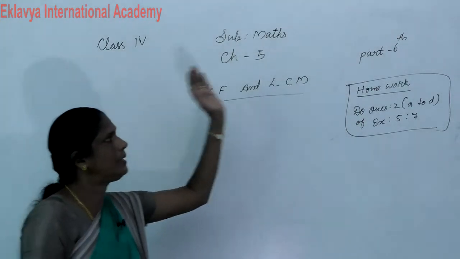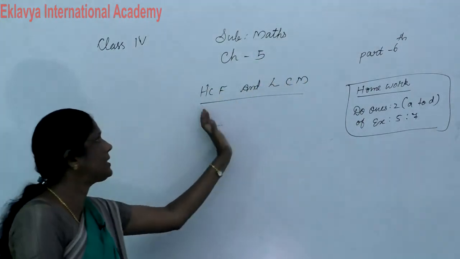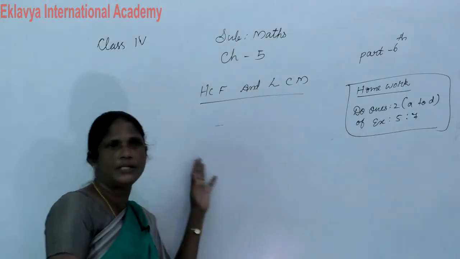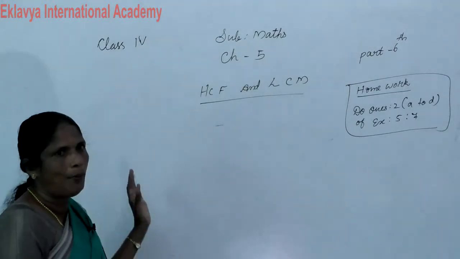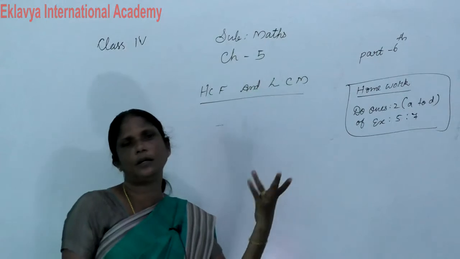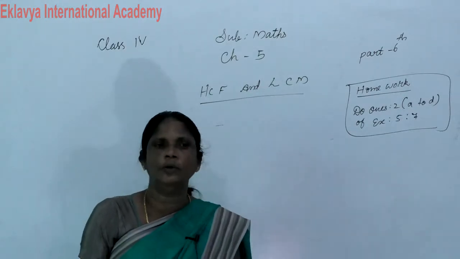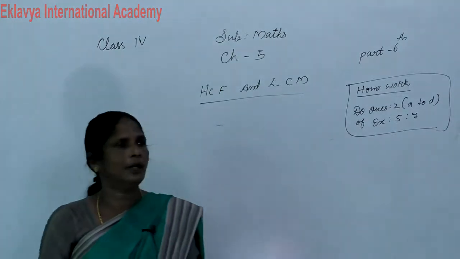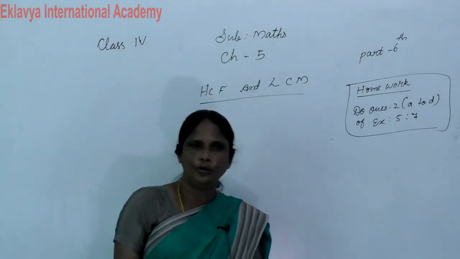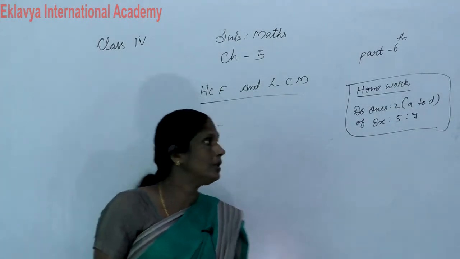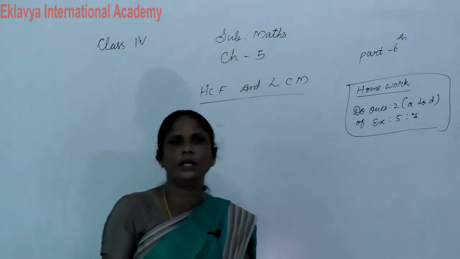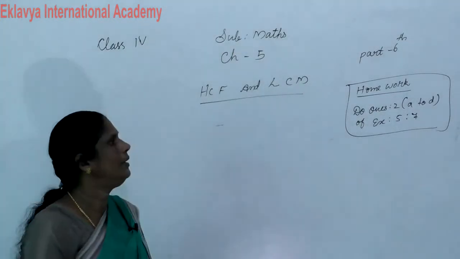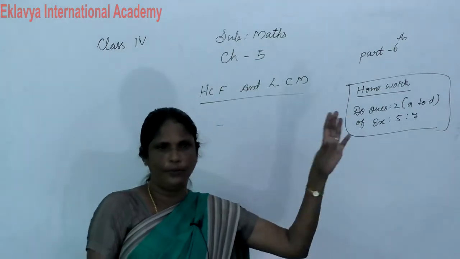Today we will study chapter 5. The last part is the 6th part, HCF and LCM. In the previous class we also discussed the HCF and the prime factor section. What are the prime numbers? 2, 3, 5, 7, 11, 13, 17, 19, 23, 29, 31, then 37, 41, 43, 47 and so on.